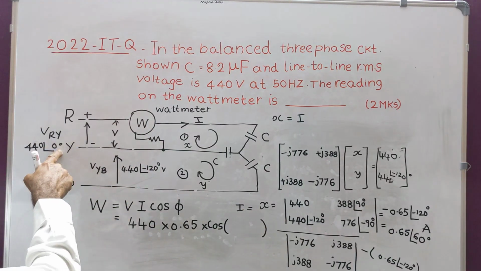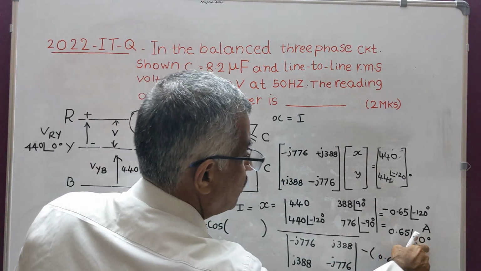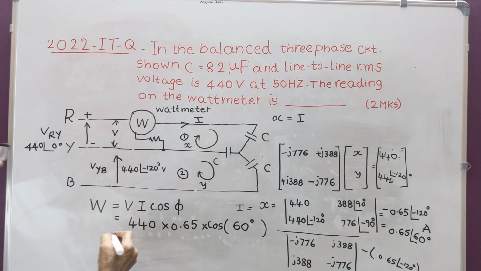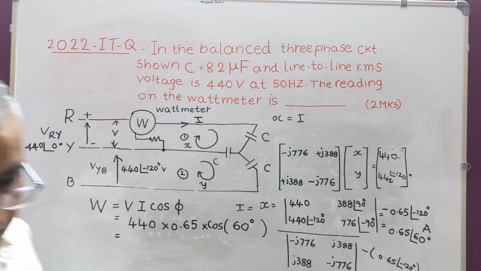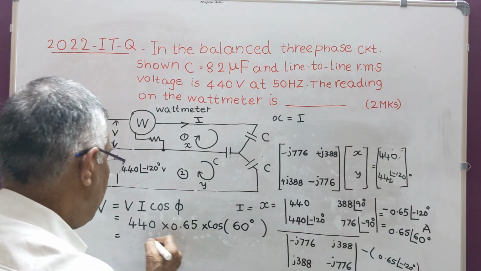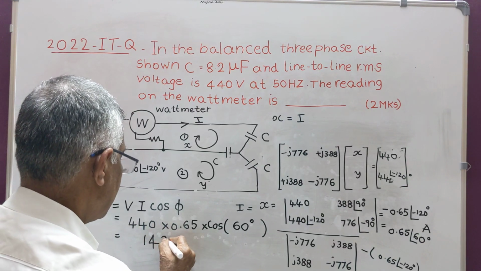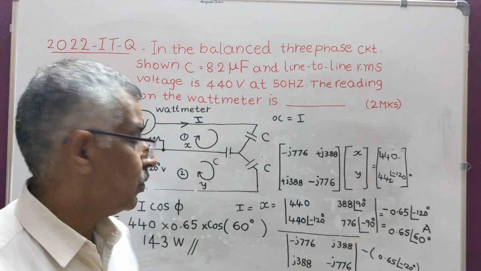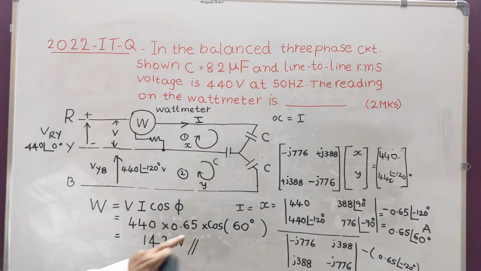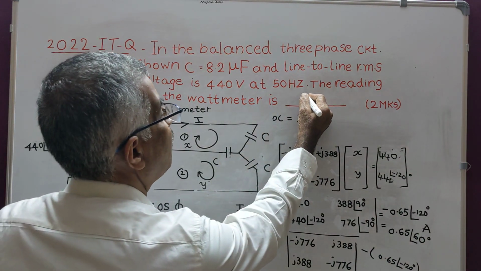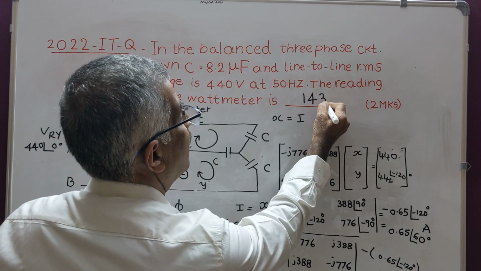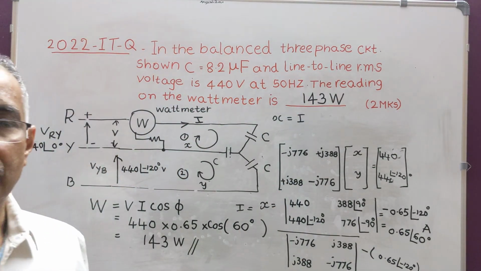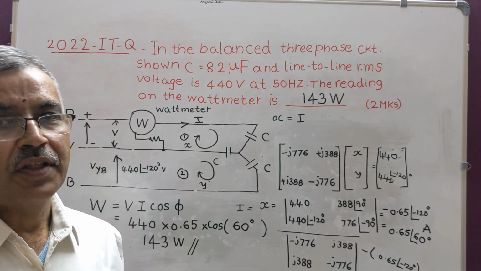Here it is 0 degrees, whereas here it is 60 degrees. Therefore, cos 60 degrees. It comes out to be 143 watts. This is one answer. So, the wattmeter reading is 143 watts. Therefore, the answer here is 143 watts. So, this is how you have to work out a problem on three-phase circuits.